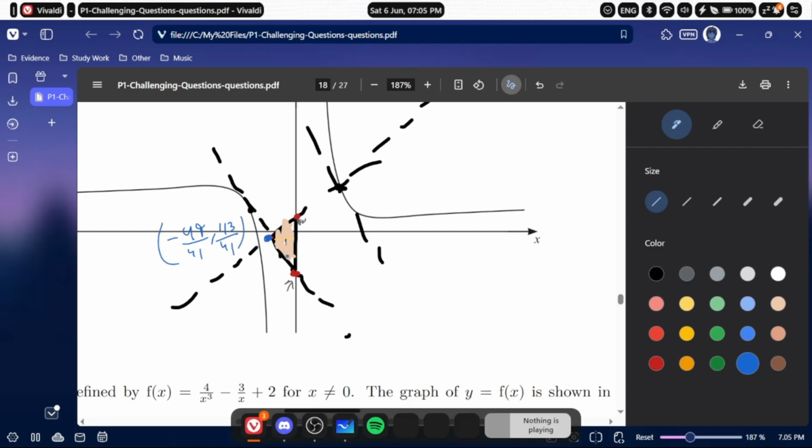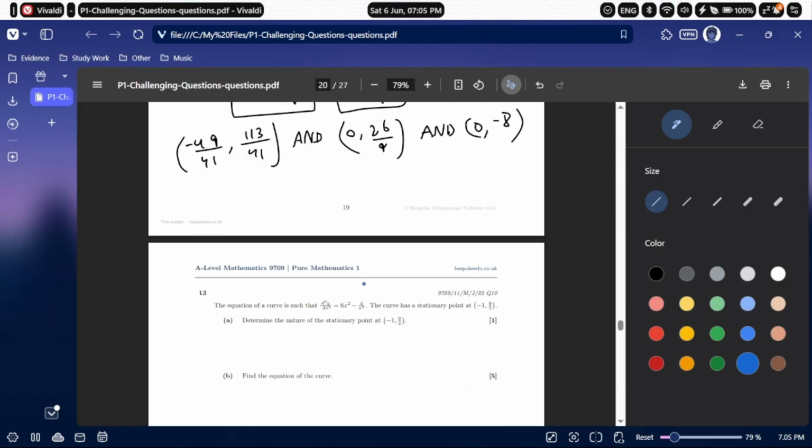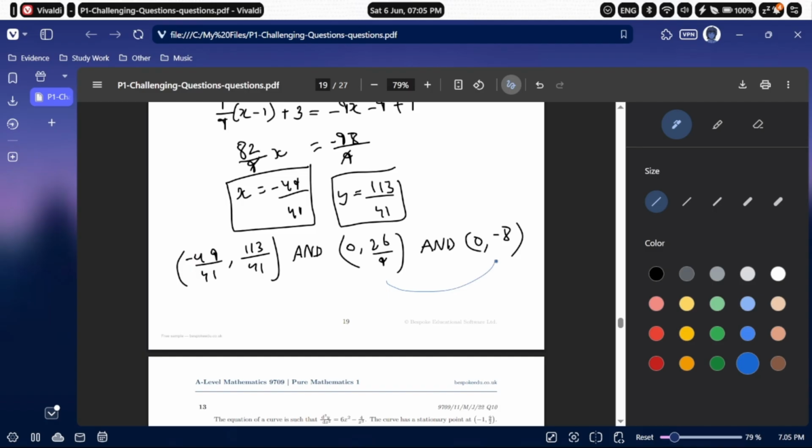Okay, so the height would be the x coordinate, which is just minus 49 over 41, and the base is just the length of this, right? So that would just be this plus this. So you end up doing, oh my god, area is this thing because that's the height.